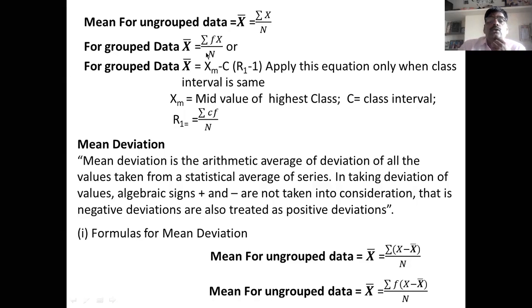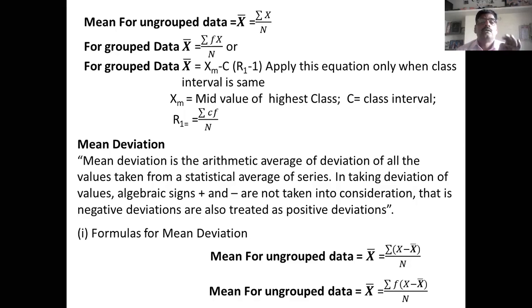These are the three equations you remember regarding the arithmetic mean. I will use these equations. I will not explain the mean again, but you remember these equations. And the mode, median, then quartiles, I explained earlier.